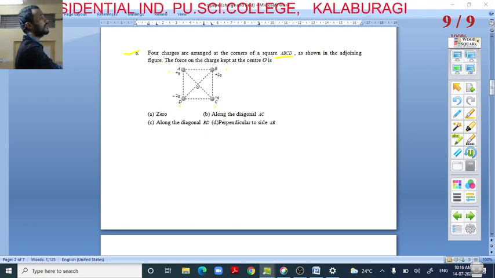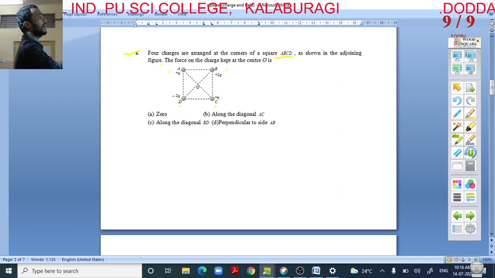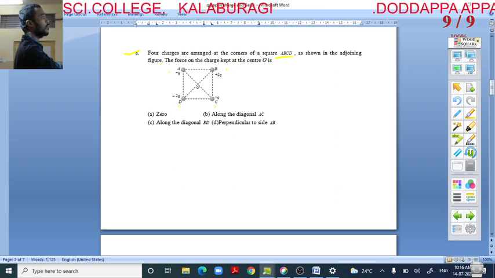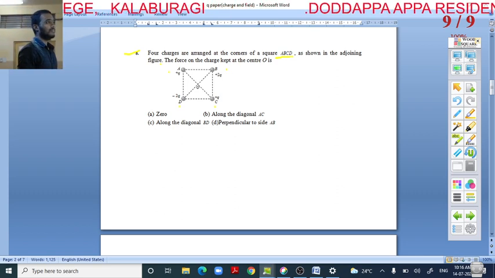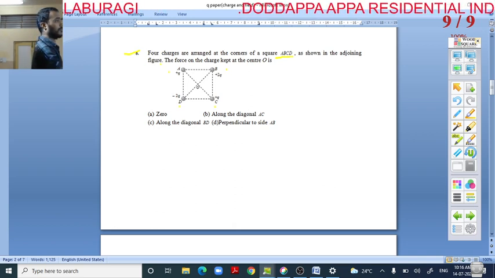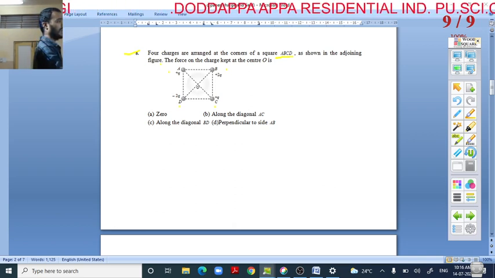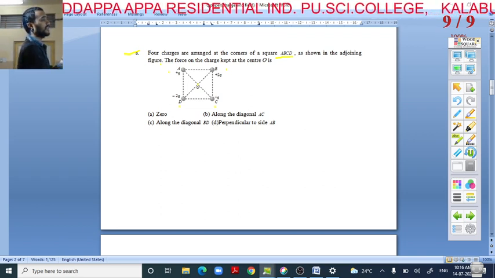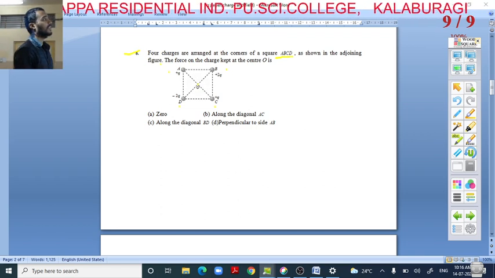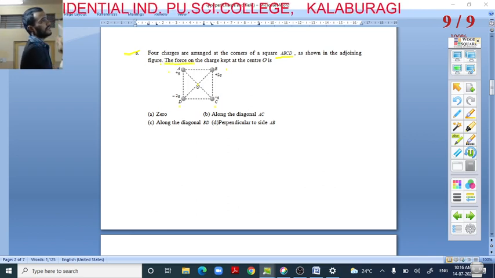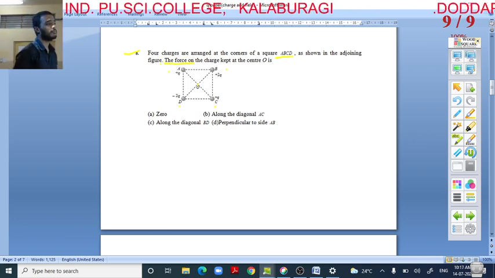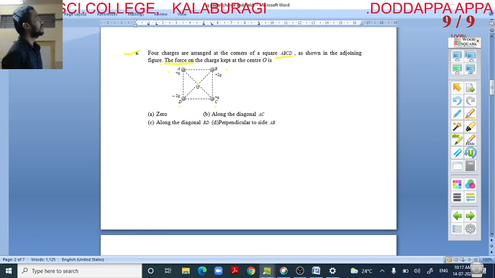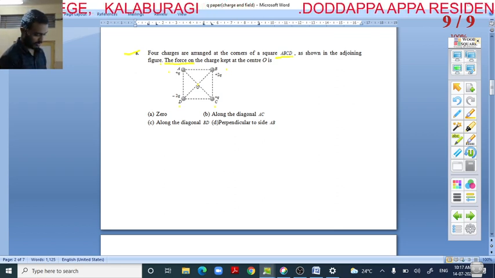The force on the charge kept at the center O is... If we put a charge at the center point O, then what is the force? That is his question. Some options he has given.